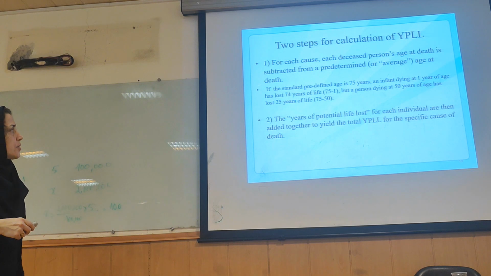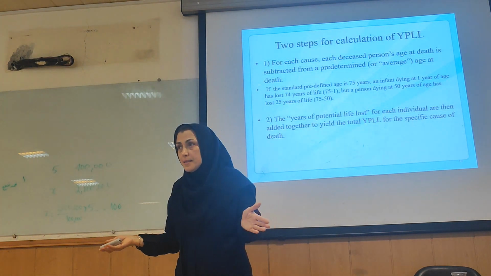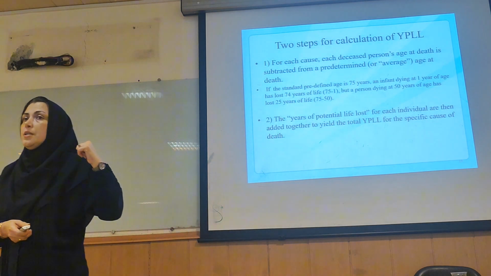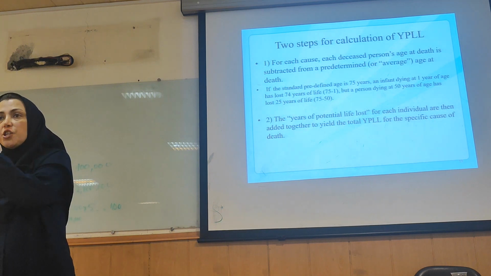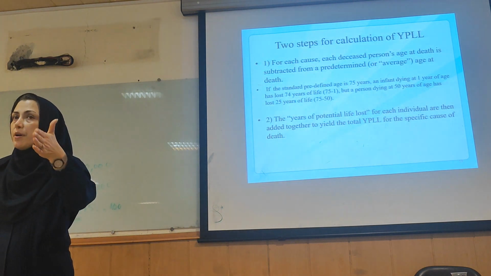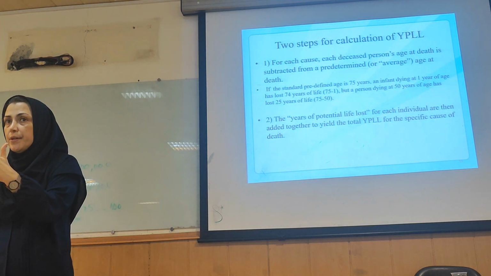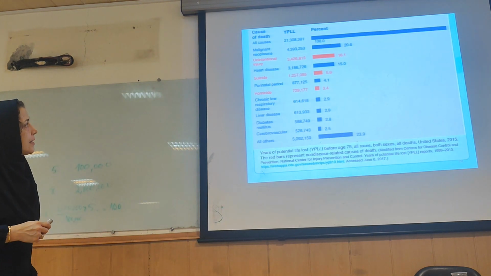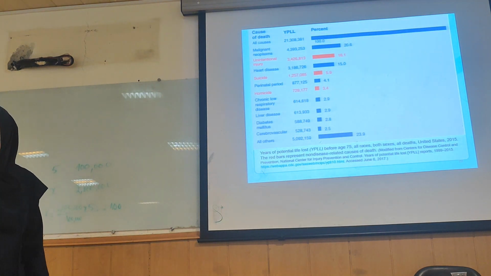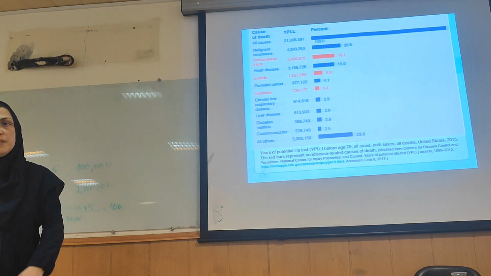So, if you have, for example, 1,000 deaths, you should calculate years of life lost for each person, sum them up, add the numbers together, and calculate the number of years of life lost. And after that, you can compare different diseases with each other.